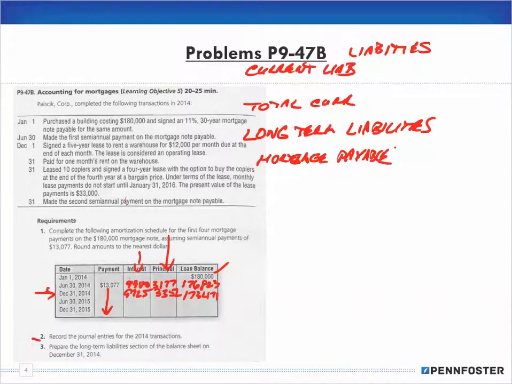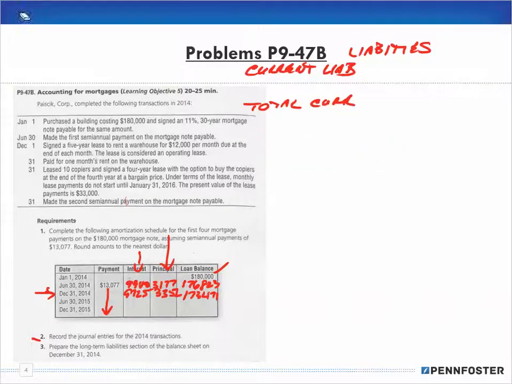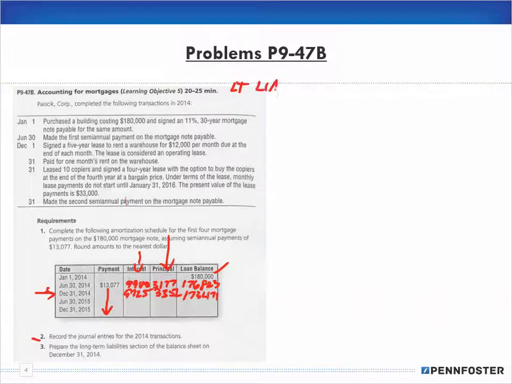Actually, let me erase some of this. I'm going to abbreviate just because I need the space. So I'm going to have my long-term liabilities here, and then under long-term liabilities, I'm going to have mortgage payable. Now, if you look at the solution, it's showing a figure of $166,204.